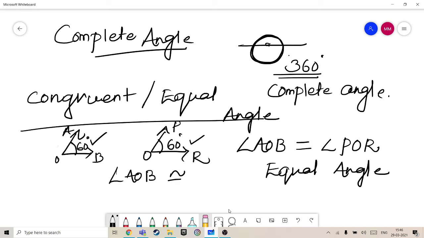Then AOB is congruent to POQ. This is the congruent symbol.